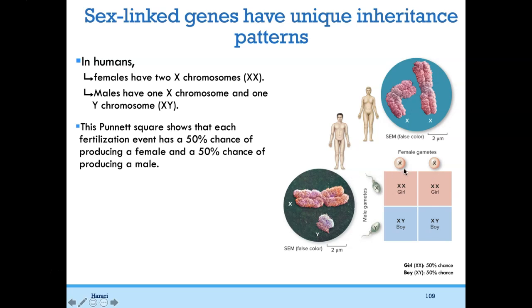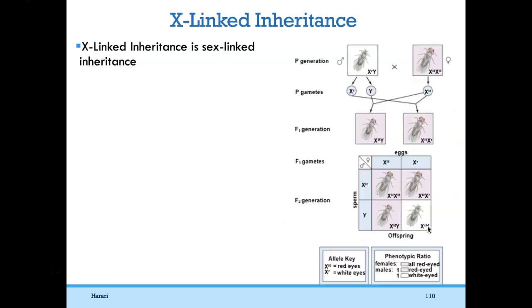And just by doing a simple Punnett square, right, with male and female gametes, all eggs always have an X. In sperm, 50% have a Y, 50% have an X. So by just doing a Punnett square, you can see there's a 50% chance of an X egg and an X sperm meeting, 50% chance of a Y sperm and an X egg meeting. So that means there's a 50% chance of producing a female, 50% chance of producing a male, biologically speaking, as determined by an X and Y chromosome.